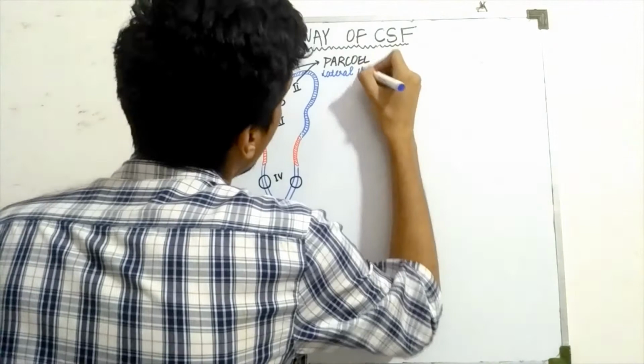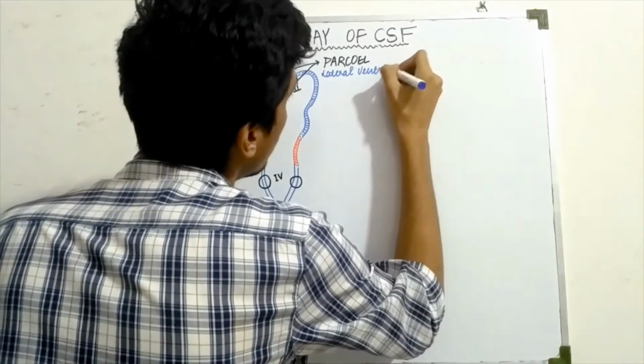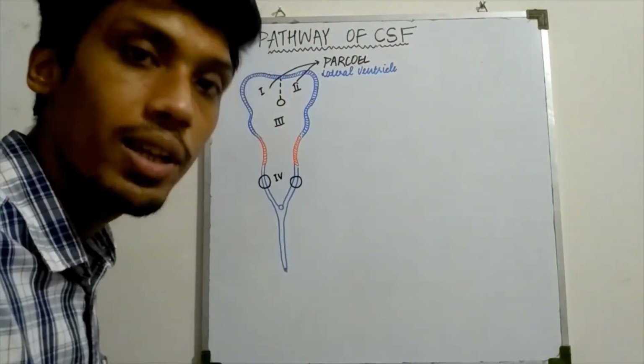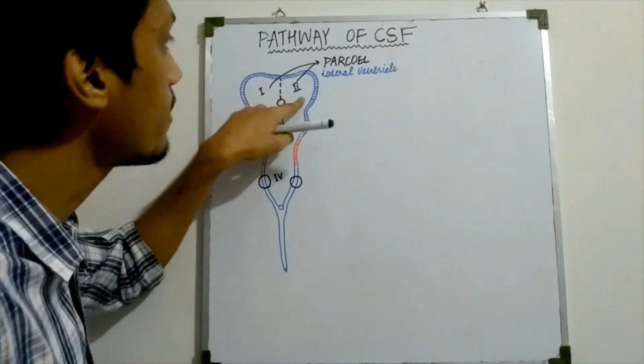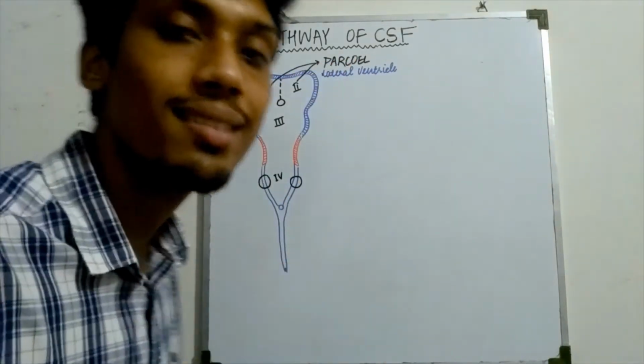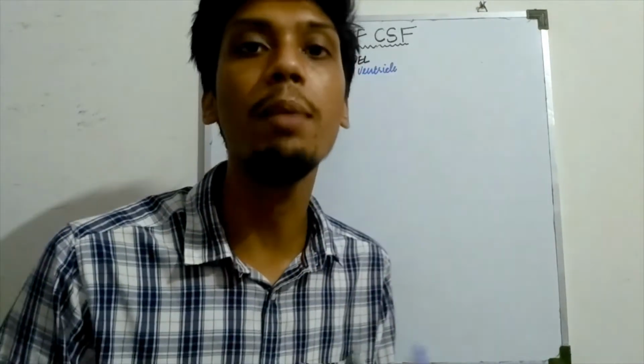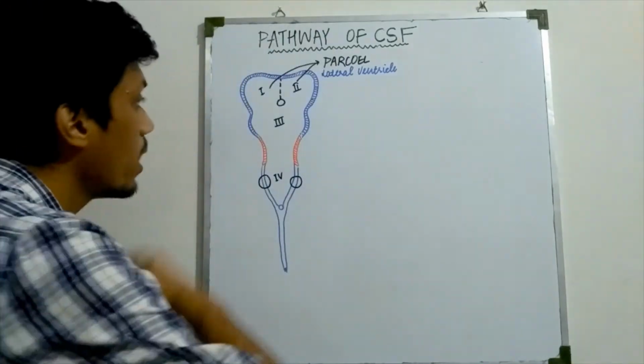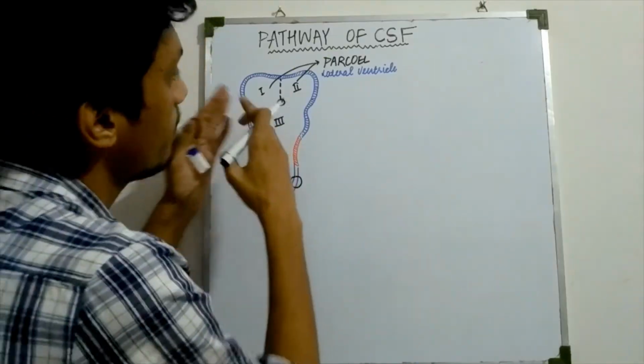The first and second ventricles are laterally placed to each other and they are combinedly called paracele.